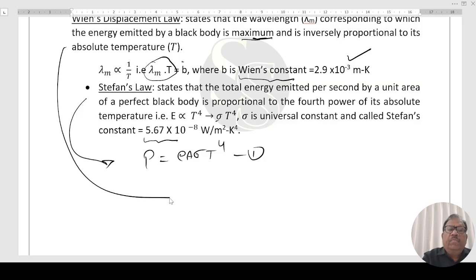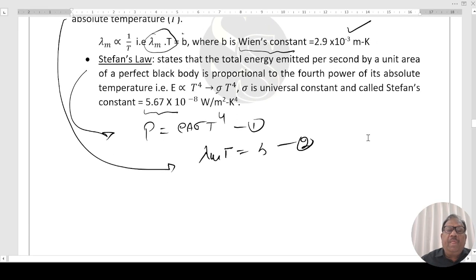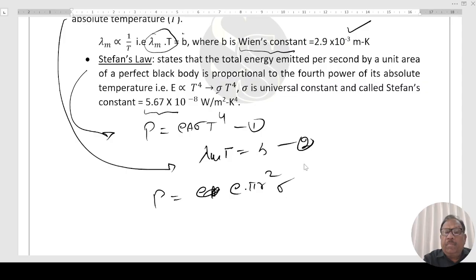And from Wien's law, we get lambda m T equal to B. This is equation 2. Now we have to correlate between lambda m and R, we have to develop the relation for P. So P is equal to E into pi R square sigma T4, and in place of T we can put B upon lambda m, whole to the power 4.